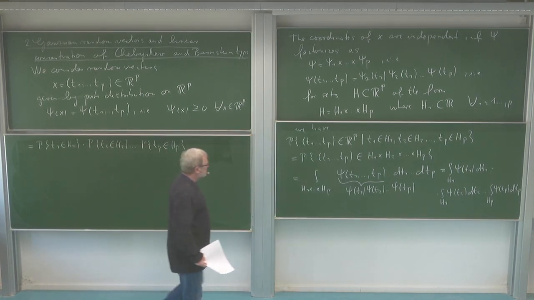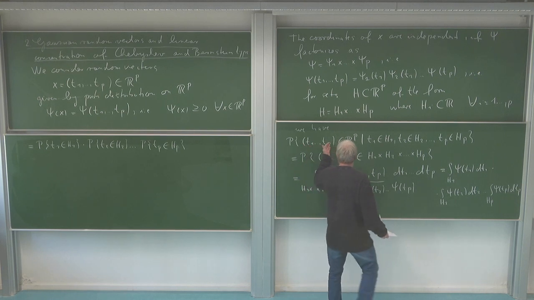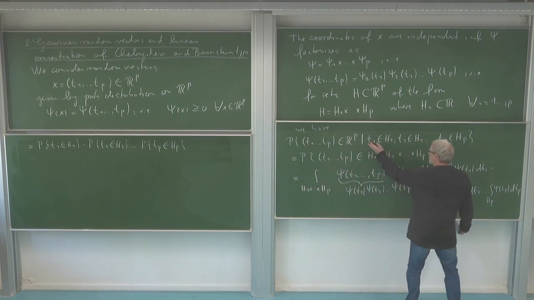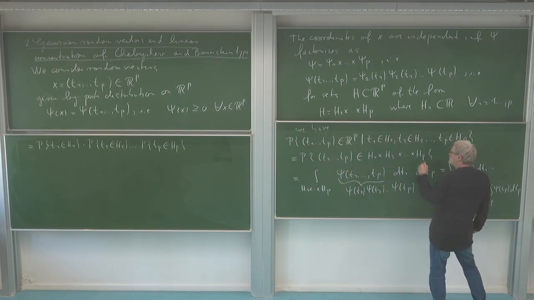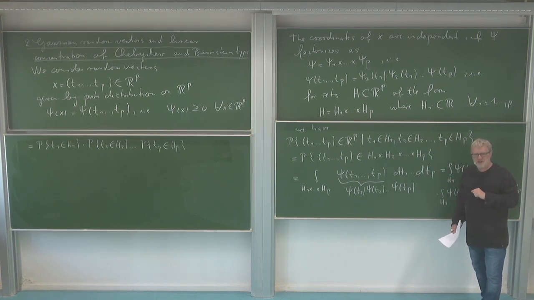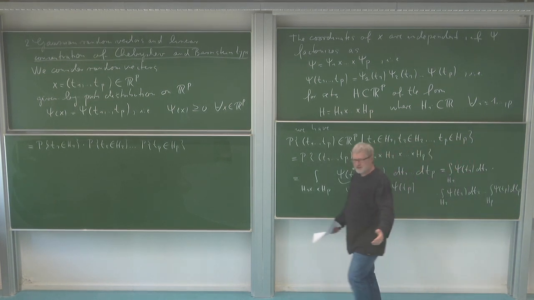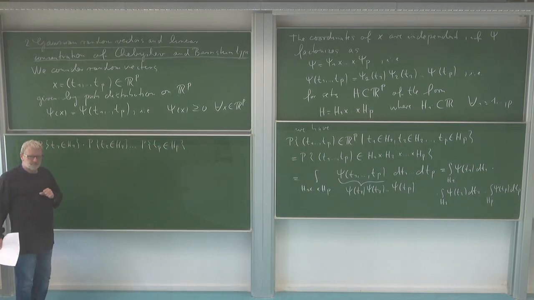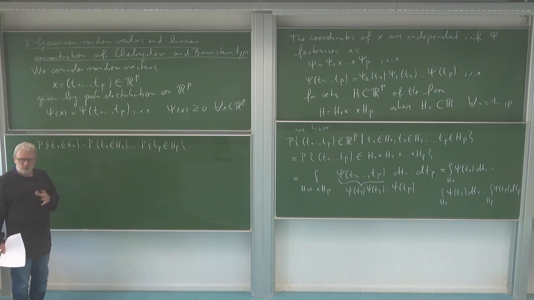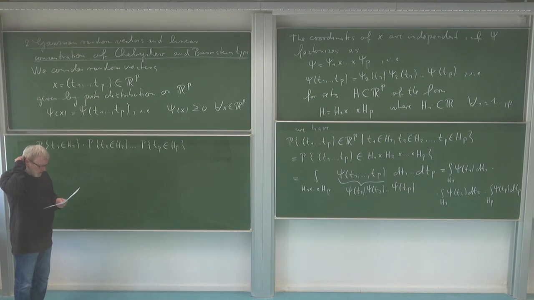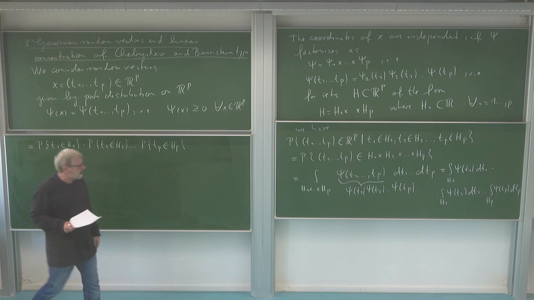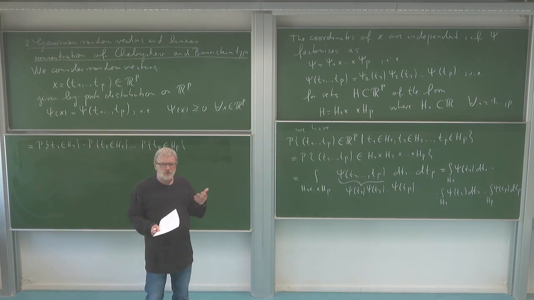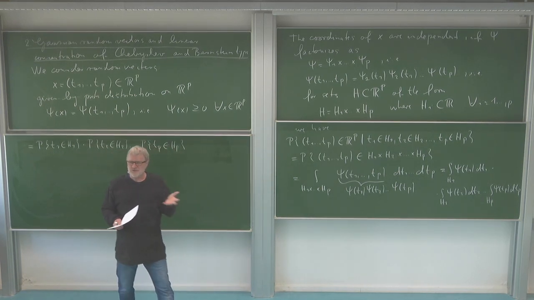So the probability that I have a vector where I require that the first component has this property H1, the second component has this property H2, and so on, factorizes into the product of the probabilities that t1 has the property H1 times the probability that t2 has the property H2 and so on. And of course these psi i's are probability distributions on R. So they are densities for each of the components.